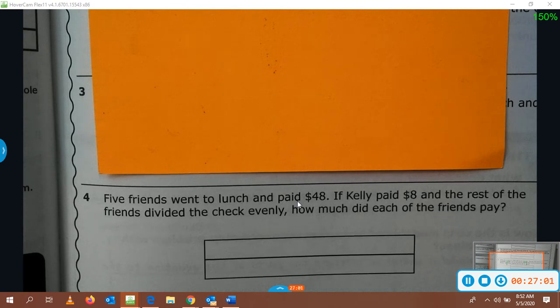If Kelly paid $8 and the rest of the friends divided the check evenly, how much did each of her friends pay? Okay? That's your pop question for today. Go ahead and set that up, answer it, take a picture, and send it to me.